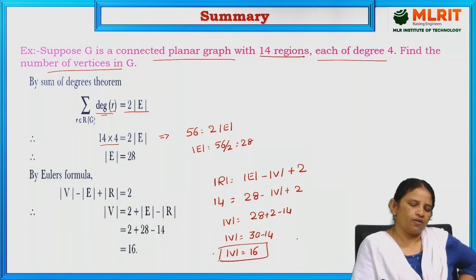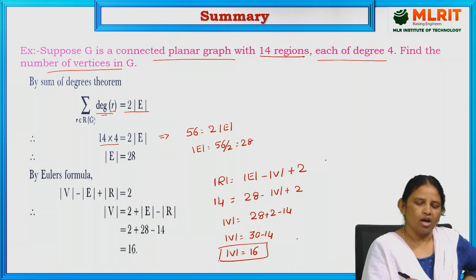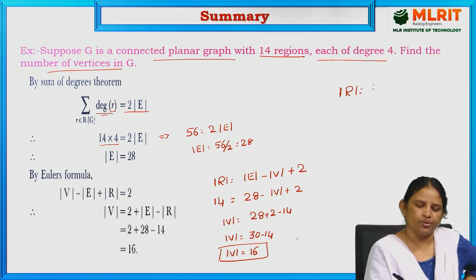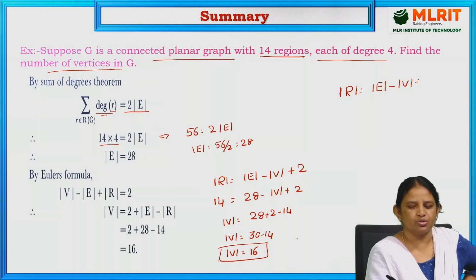If the total number of vertices and total number of edges are substituted in Euler's formula, we will get the number of regions. We need to verify the answer with the help of the number of vertices. |R| equals |E| minus |V| plus 2.